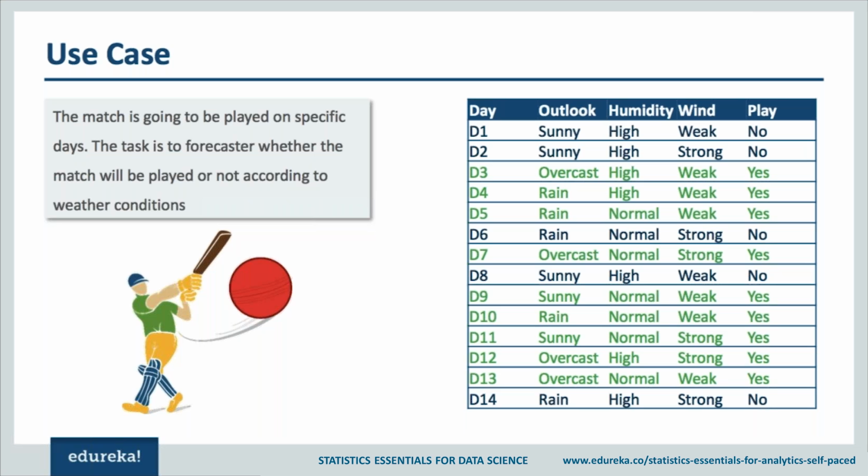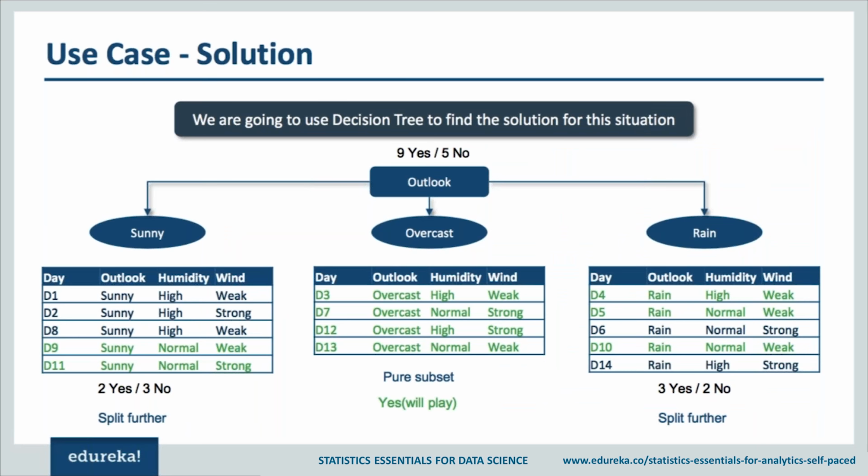And we have humidity, which may be high, normal. And we may have wind, like strong wind, weak wind. And based on all these factors, we decide whether we can play or not. If you take a look at this, there are a total of 9 yes and 5 no's. That means there are 9 outputs that suggest the play will happen, and there are 5 no's that suggest the play won't happen.